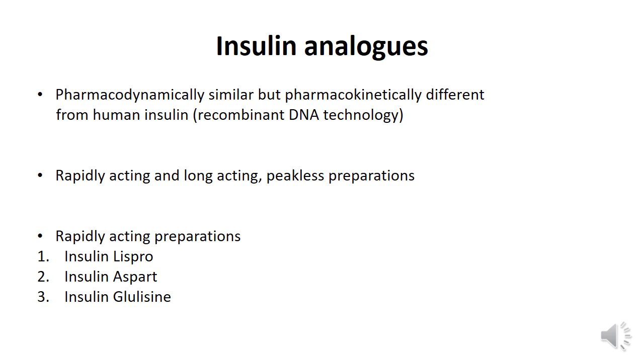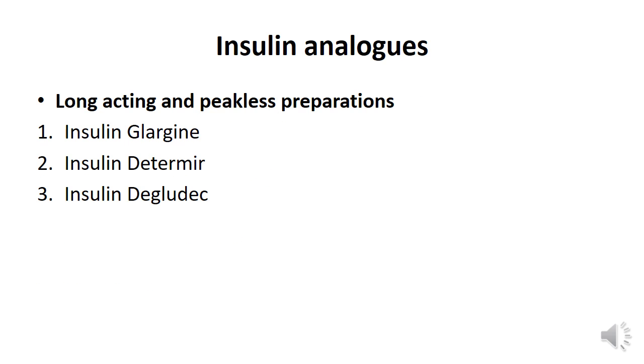Insulin analogues can be rapidly acting or they can be long acting peakless preparations. Insulin lispro, insulin aspart, insulin glulisine are the rapidly acting insulin analogues. Insulin glargine, insulin detemir, insulin degludec are the long acting peakless insulin analogues.